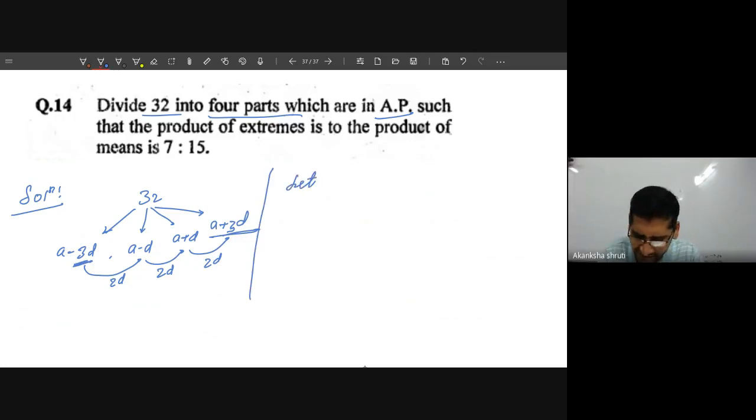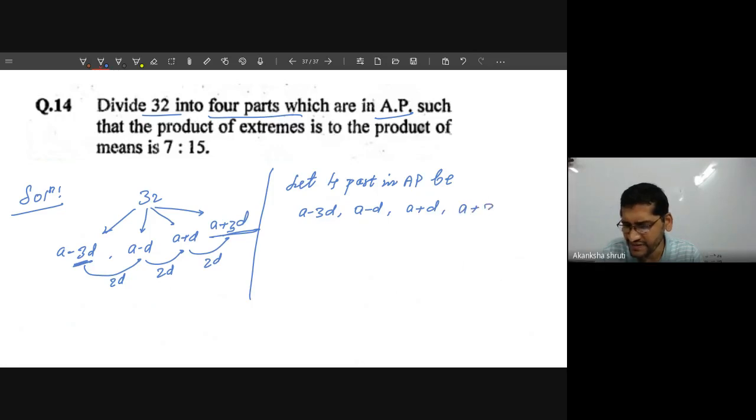Let 4 parts in AP be A minus 3D, A minus D, A plus D, A plus 3D. These are the 4 parts. Such that this is the other condition, the product of extremes are in this ratio.